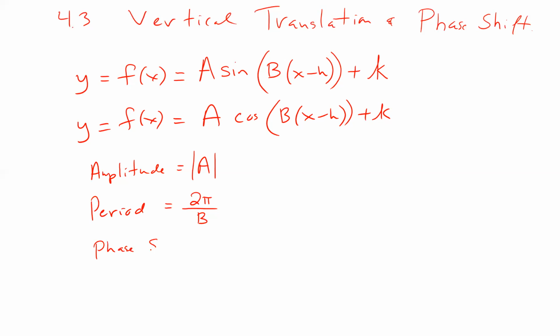Phase shift is the horizontal shift. Now this one is not stretching horizontally, it's just individual dots being placed a little bit over to the right or a little bit over to the left, and that guy is h. All right. Notice also that h in the equation is negative, but then the phase shift is positive, so it goes the opposite direction. We good?